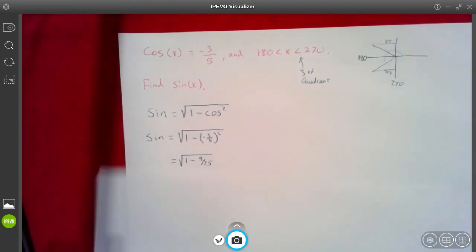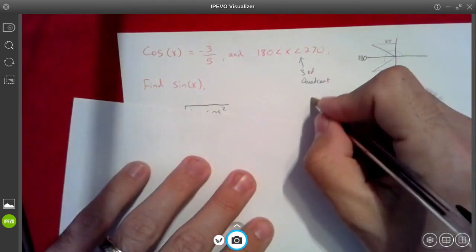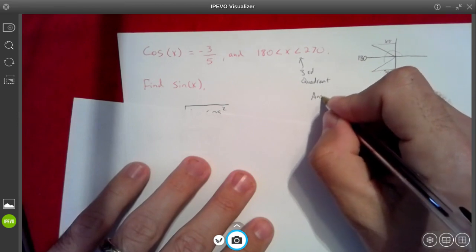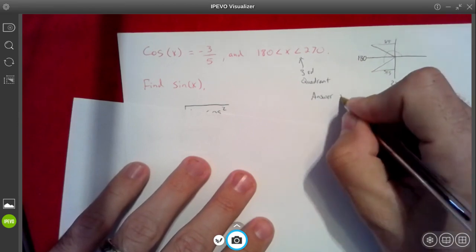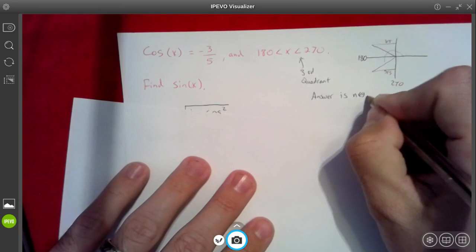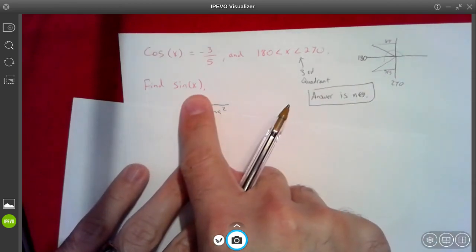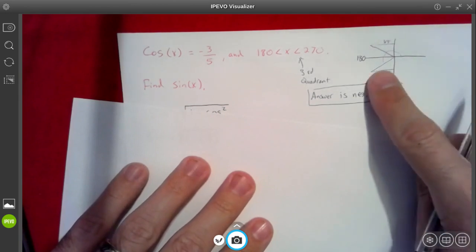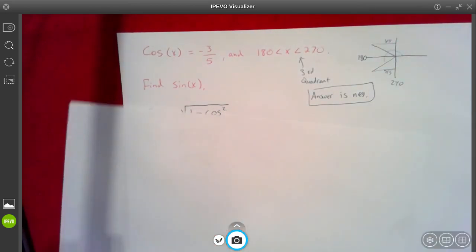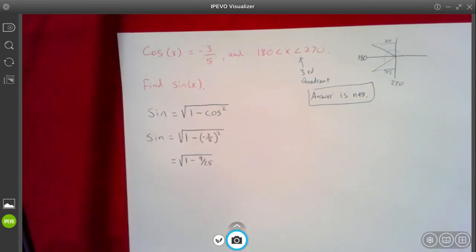And because we're in the third quadrant, I know that my answer is going to be negative. My final answer, because we're dealing with the sine function, is going to be negative because I'm in the third quadrant. Okay, now let's get busy. We'll actually find the answer.